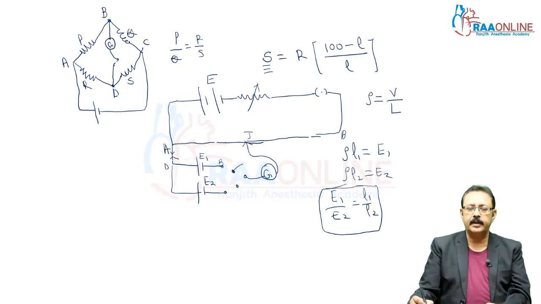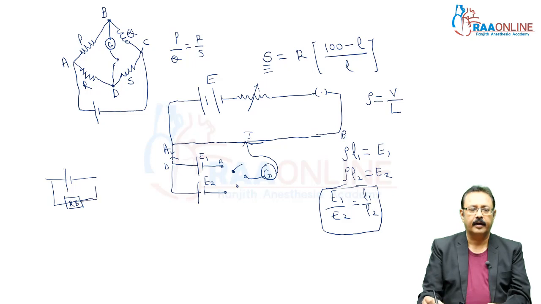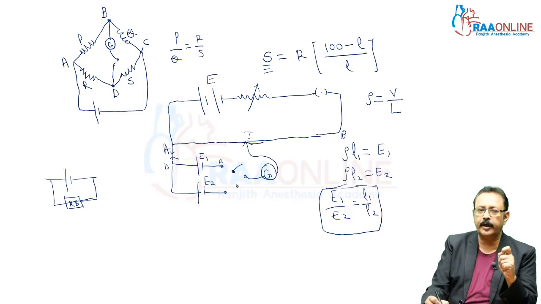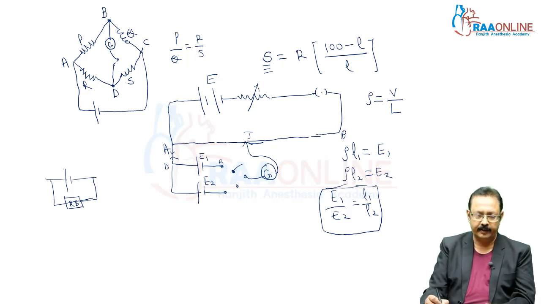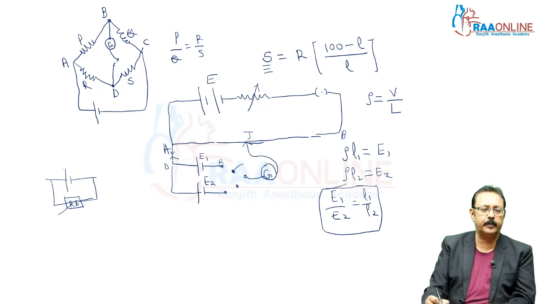One more experiment is there. In this place, we are putting one cell connected with a resistance box RB. Again we get a null point on the potentiometer wire, and we put an infinite resistance plug from the resistance box.